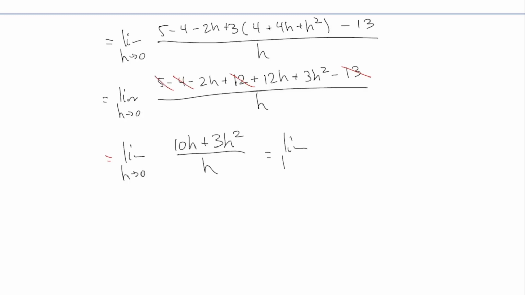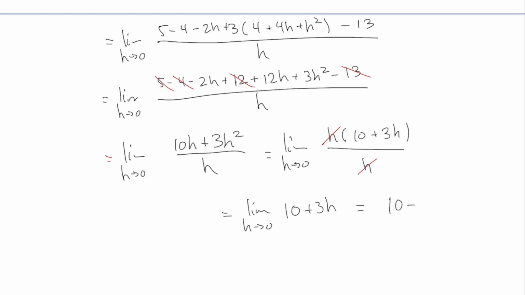So factor h, what remains is 10 plus 3h over h. Cancel the h's. I end up with the limit of 10 plus 3h. Plug in h equals 0. I get 10 plus 3 times 0. 10 is the answer. It's quite a journey, but this is how it goes.